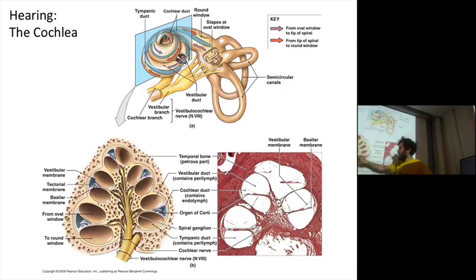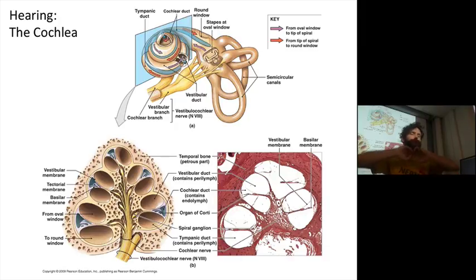All right, and the cell bodies of what are going to be called hair cells, these sensory cells, form what is called the spiral ganglion. So here's a spiral ganglion, here's one, here's one. There are all of these spiral ganglia that are embedded in the bone of the cochlea.